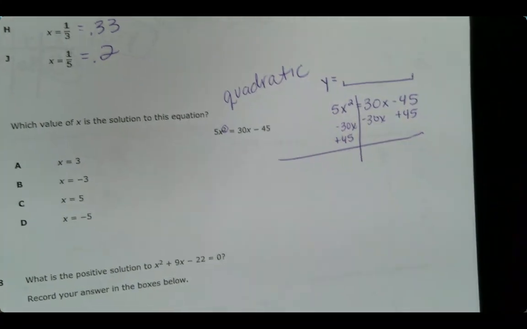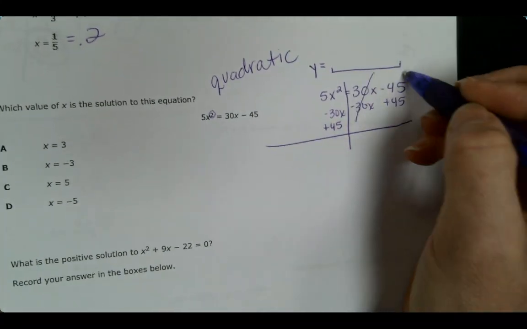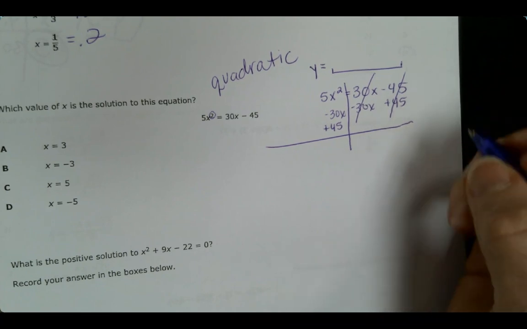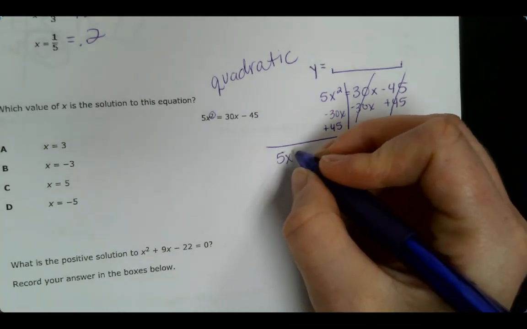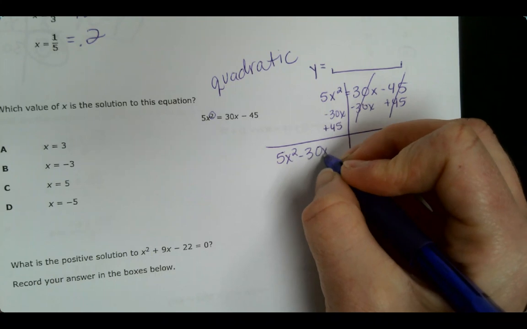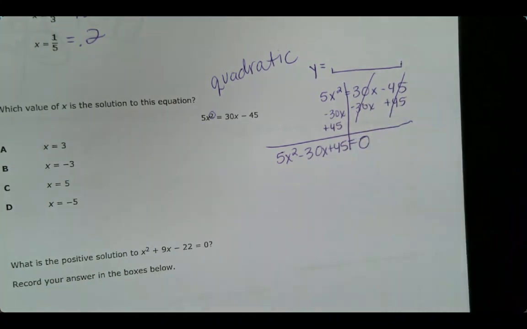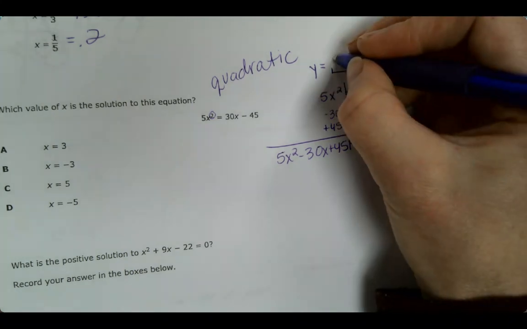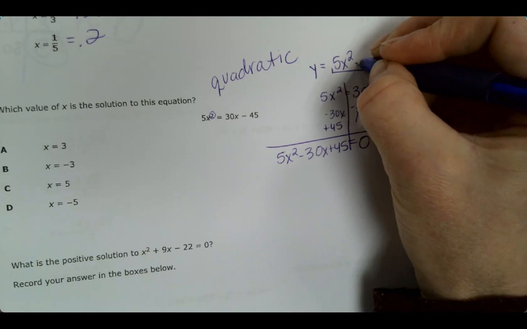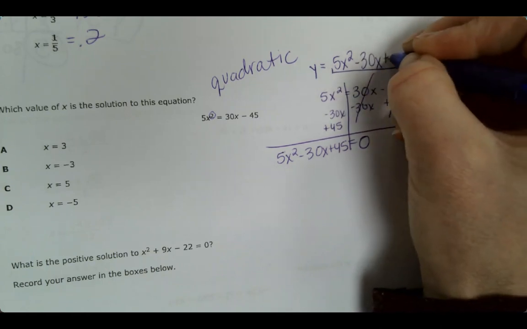So that's going to cancel out. And our quadratic equation is 5x squared minus 30x plus 45 equals 0. So this is going to be y equals 5x squared minus 30x plus 45.